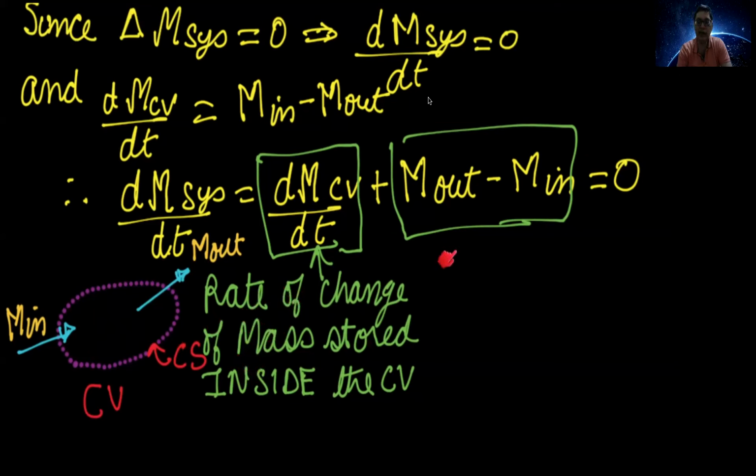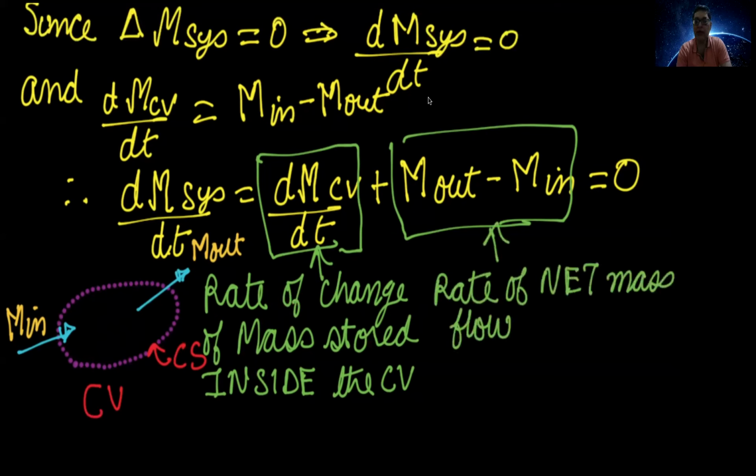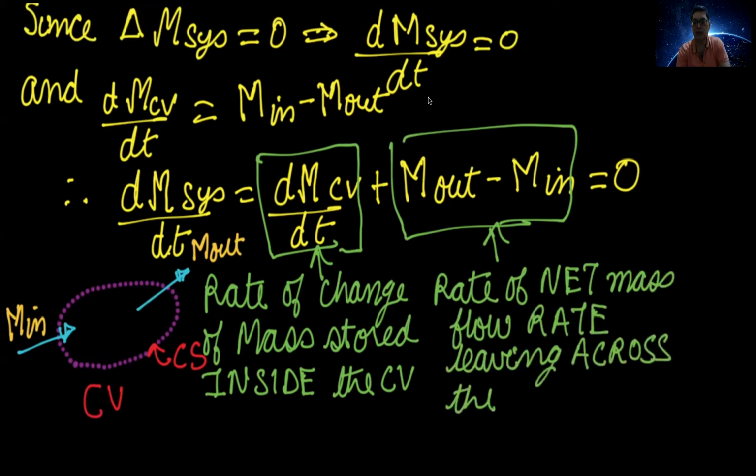Whereas the second term represents the net mass flow rate leaving across the surface of the control volume. For the first term, note the word inside.